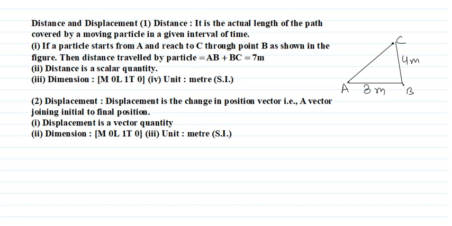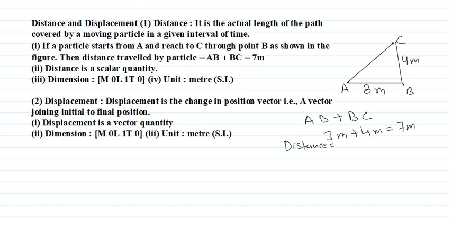So here AB plus BC, that is 3 meter plus 4 meter, that is 7 meter. So we can say that the distance covered by any object, any particle, any person from A to C is 7 meter.